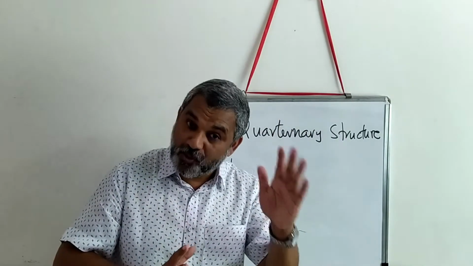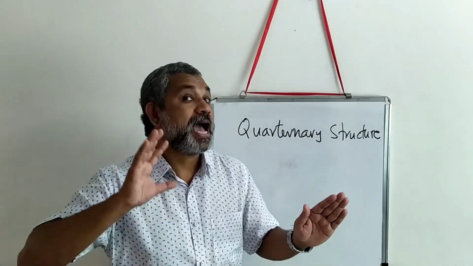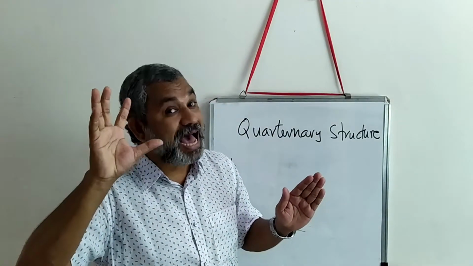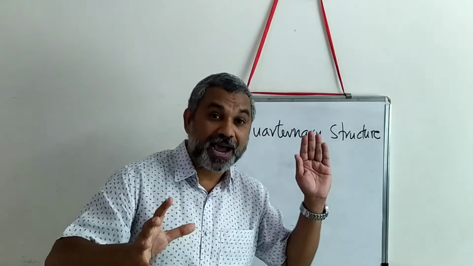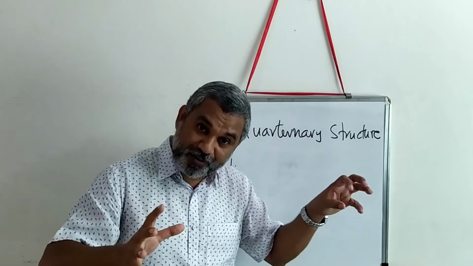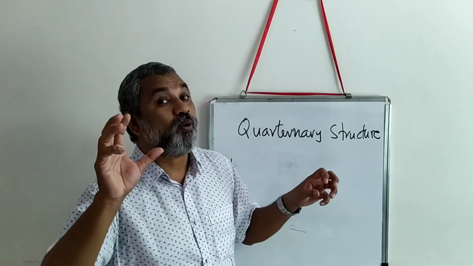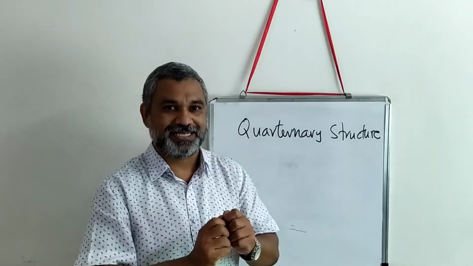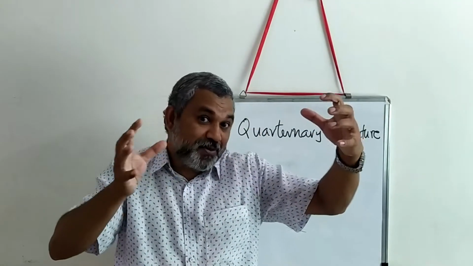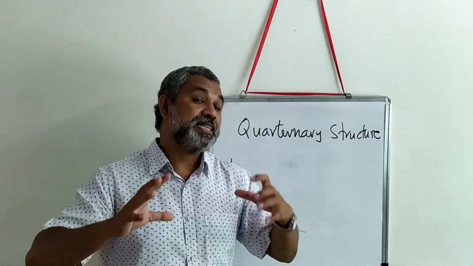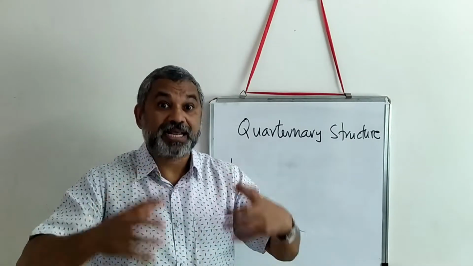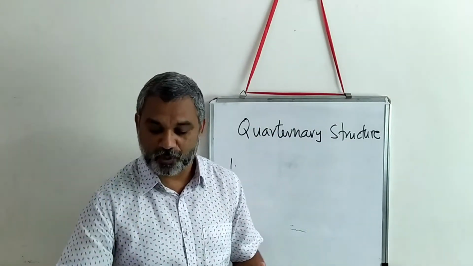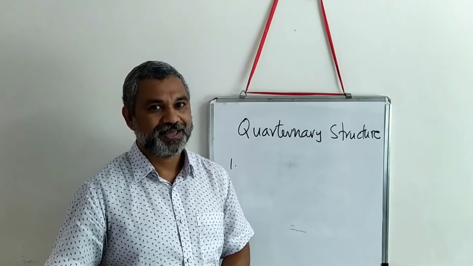Binding of a molecule at one site can regulate the activity at another site. You will see that binding of oxygen to one of the subunits will alter the structure at another site. So these are some of the reasons by which oligomeric proteins have an advantage.